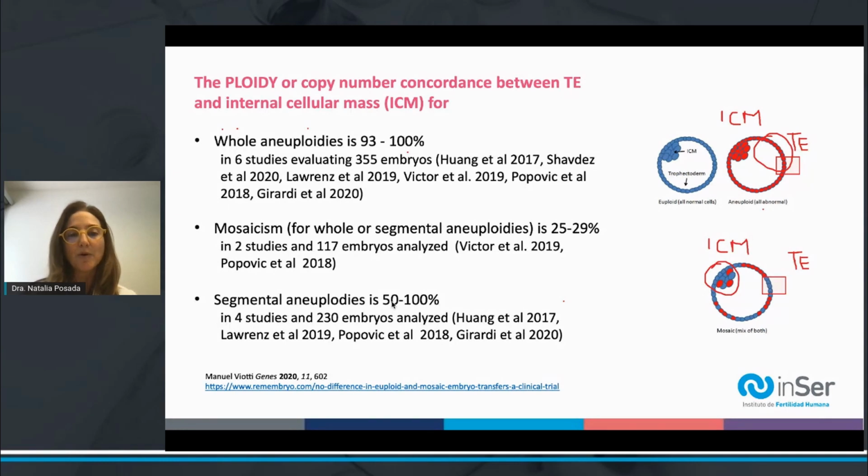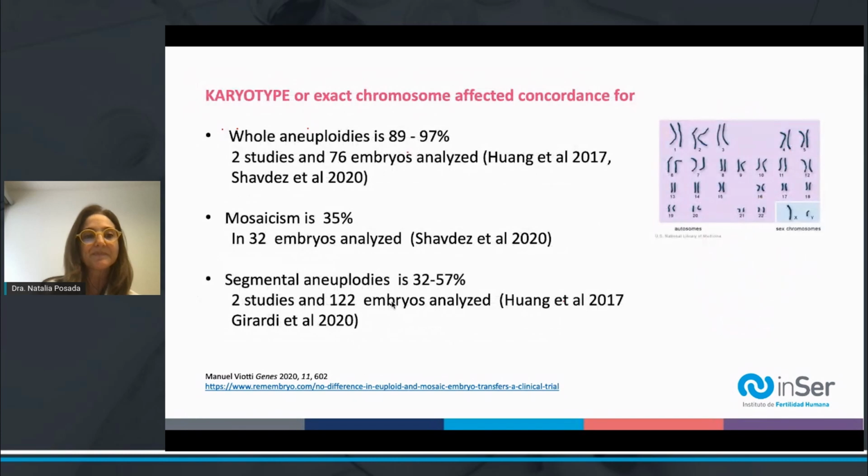And this is very important because this is the reason why sometimes mosaic embryos are transferred, giving rise to healthy babies, and the reason why we are still unsure of how to deal with embryos that show segmental aneuploidies.